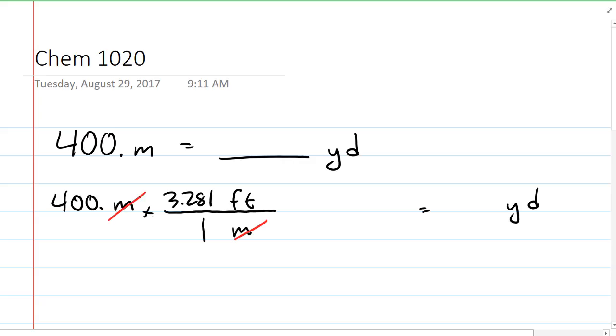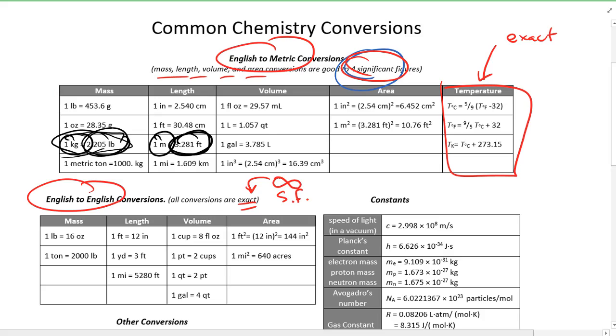But one of the advantages of dimensional analysis is to set it all up in one calculation. So we don't need to stop here. We go one more. We now have feet. We can convert feet to yards. So we put feet on the bottom, we put yards on top. And we do have a conversion from feet to yards. So we come back and we see, where do we find that? English to English, right here.